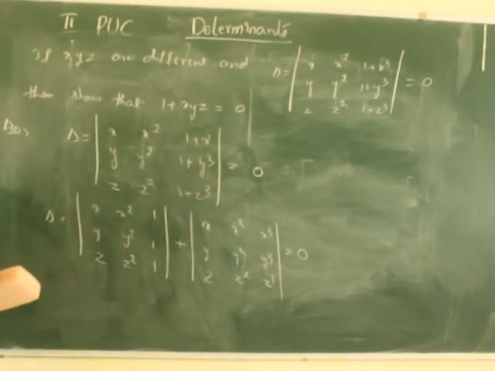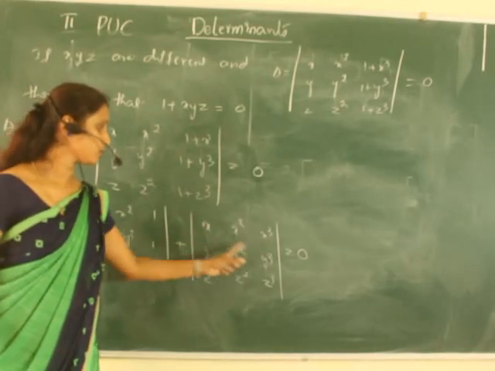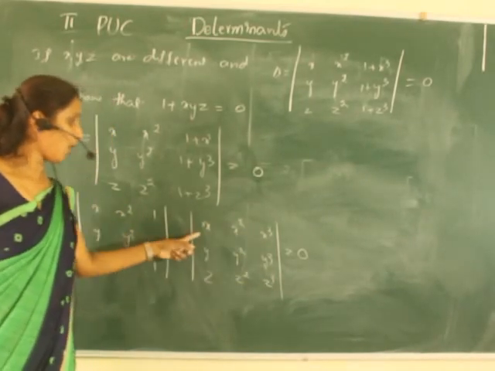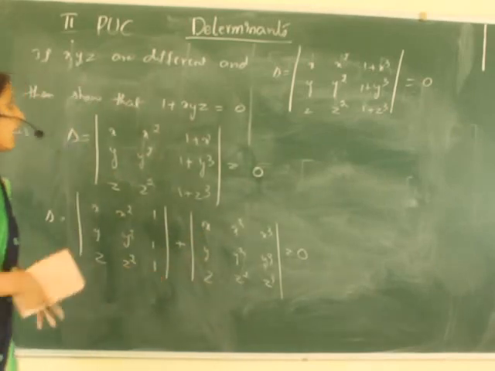So what I can do now, when you see x square, x cube, y square, y cube, we can take x common from R1, y common from R2 and z common from R3.